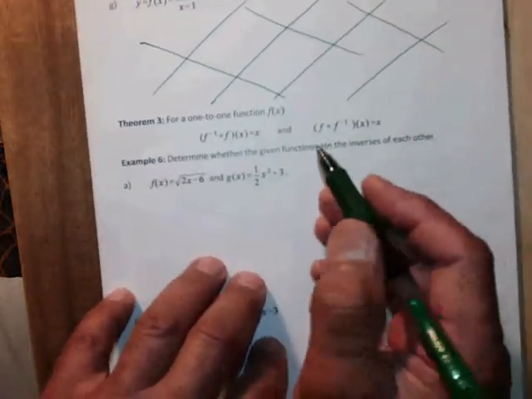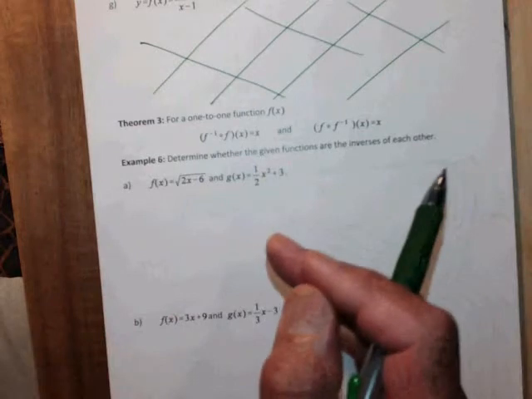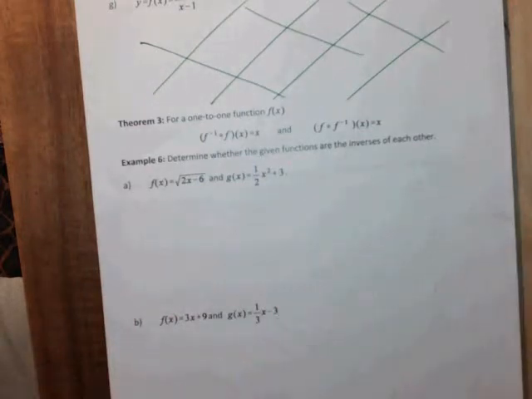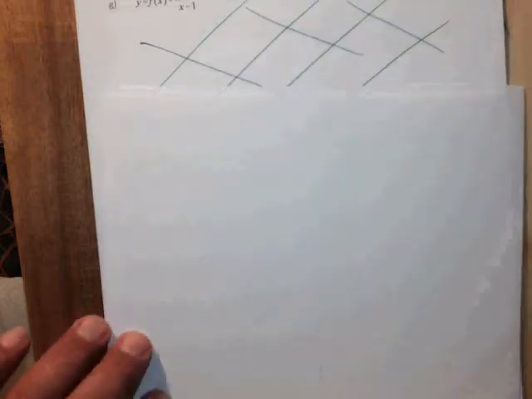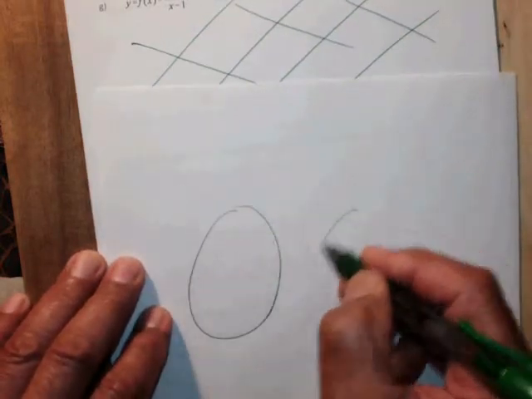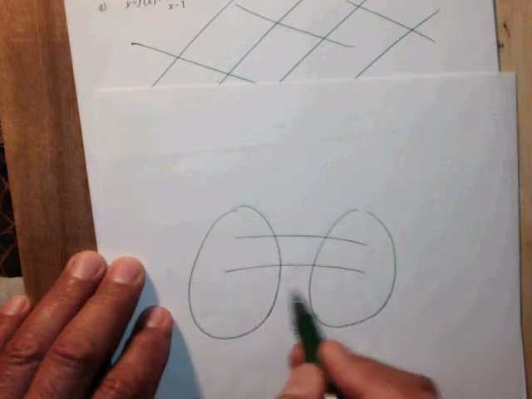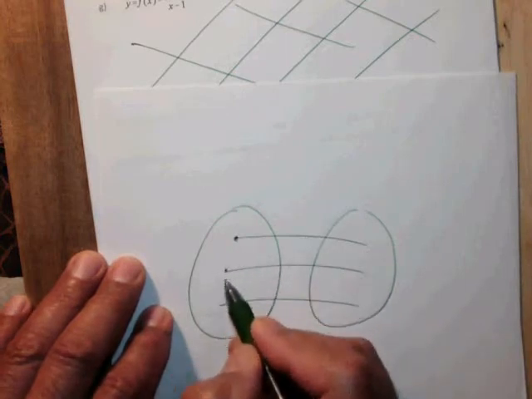One thing is, I just draw one picture here to see what's going on. If I have a function which is 1 to 1, for the sake of discussion, let's just choose 3 elements here.